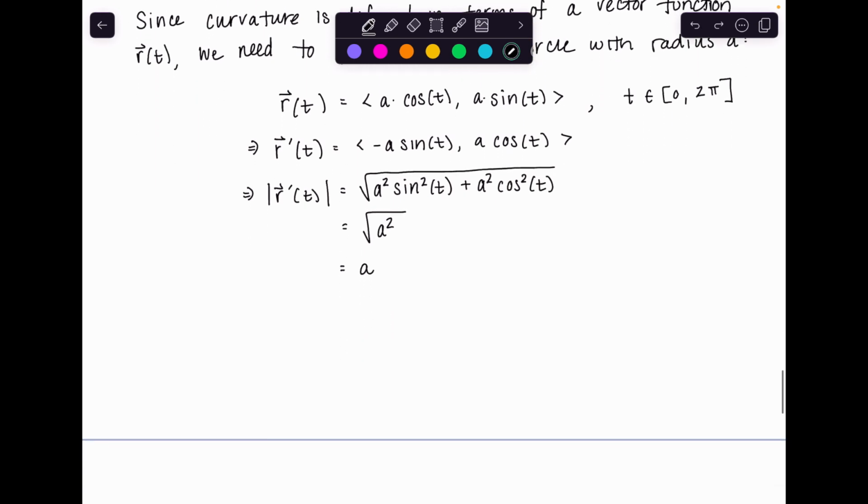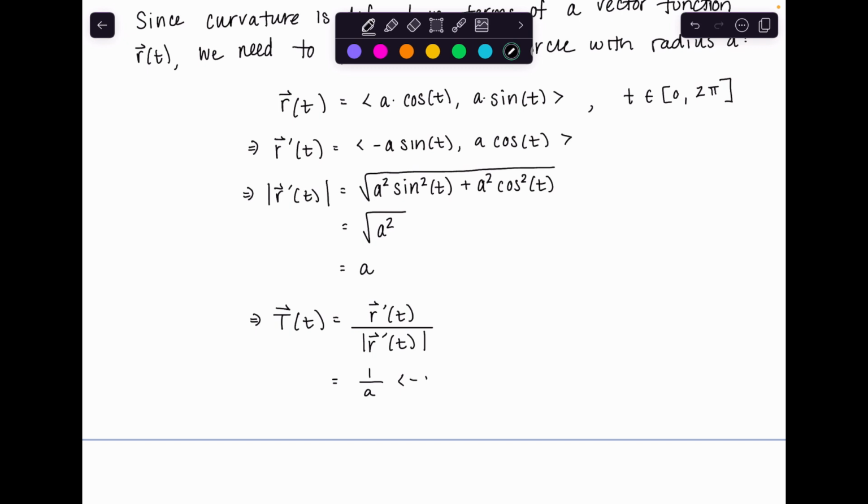Okay. Now I need to find T of t, but all that is the derivative divided by the length of the derivative, because I've got to make it a unit vector. We found the length of r prime. It's a. So really, I'm going to do 1 over a times r prime. r prime is right up here.